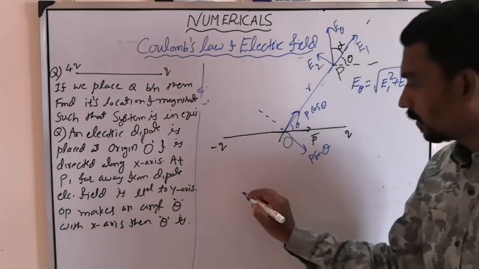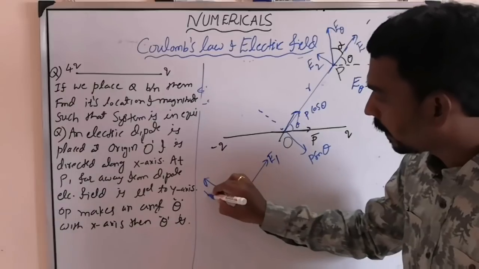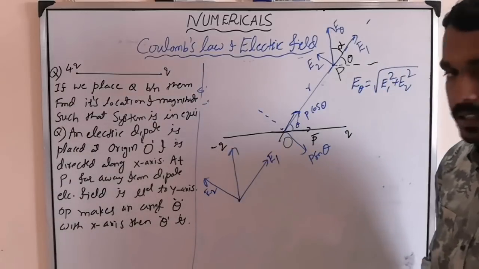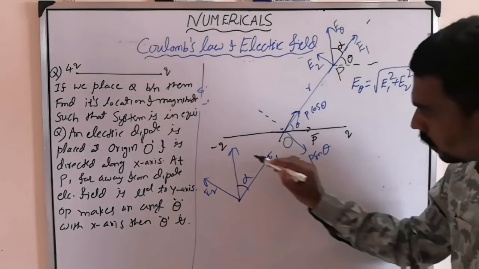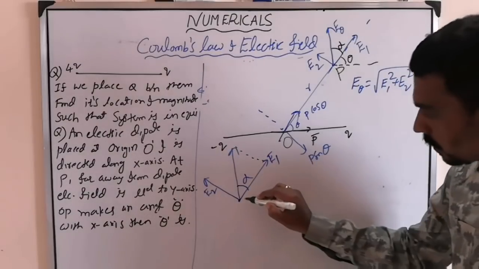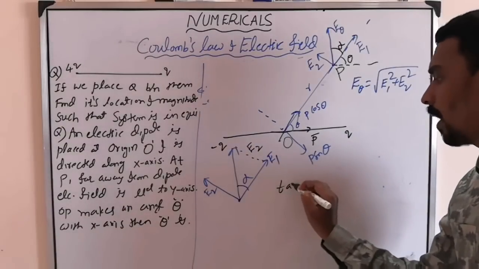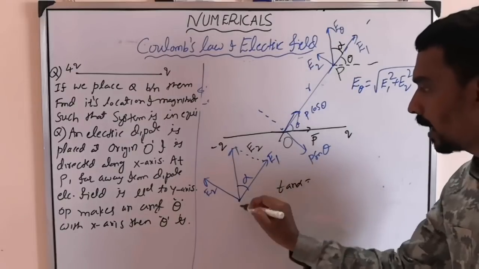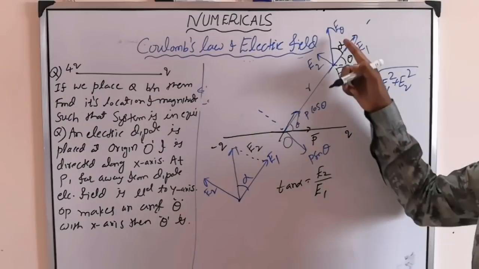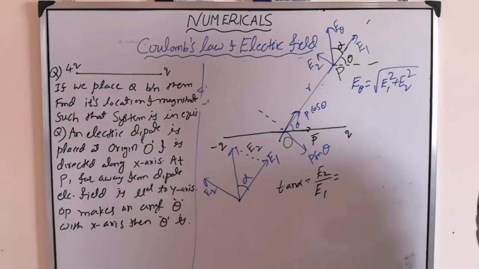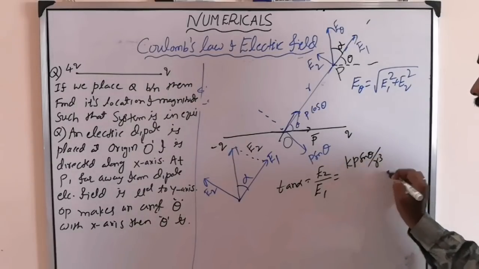Again here, this is E1, this is E2, and this is the resultant. The resultant is making alpha angle. Now if you complete the triangle, this is E1, this is E2, then this is also E2. Then tan alpha is opposite by adjacent, E2 by E1. E2 is due to this, E1 is due to this. I have given the values already. So if you substitute, what was the E2? kp sin theta by r cube.